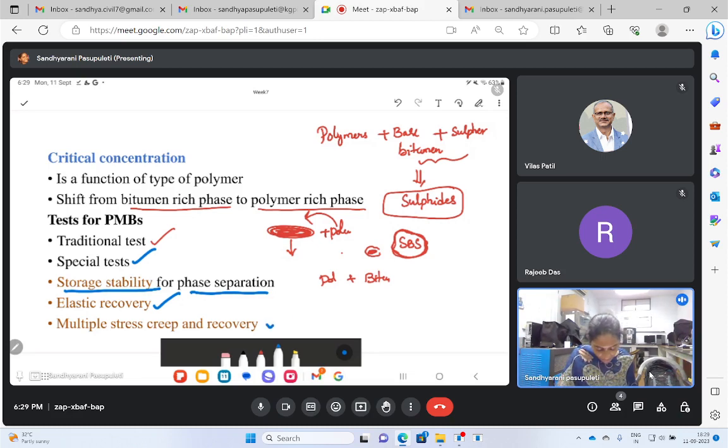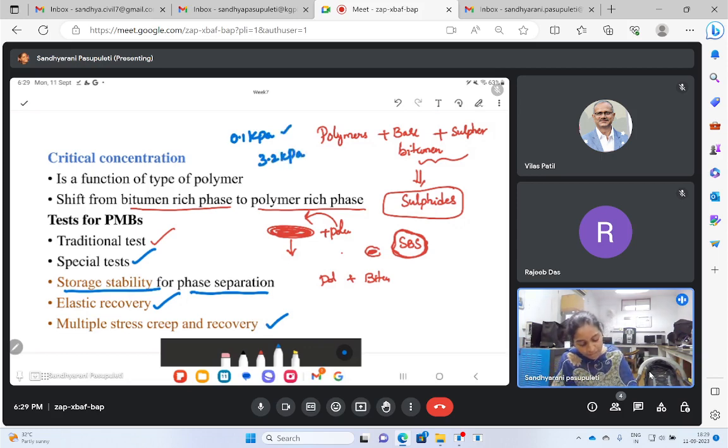And also the multiple stress creep and recovery test. In addition to elastic recovery, it helps understand the effect of load on the modified bitumen. When I keep adding stresses, let us say 0.1 kilopascals is the lowest stress level and 3.2 kilopascals is the highest stress level.